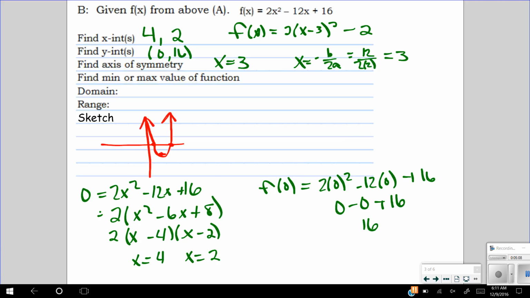So since it opens up, it's got a minimum. And the minimum value is the y-coordinate of the vertex, so negative 2. My domain goes from negative infinity to positive infinity. My range goes down to negative 2 and up to positive infinity. And there we have everything related to this function.